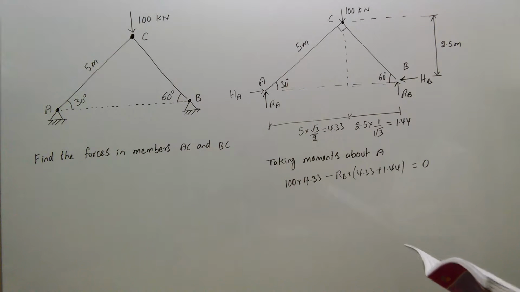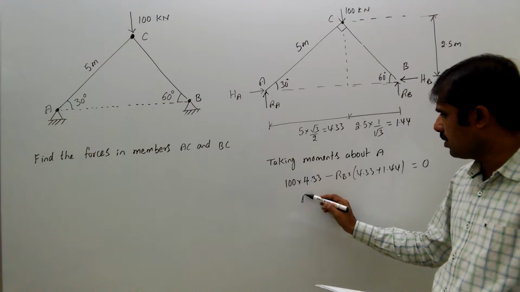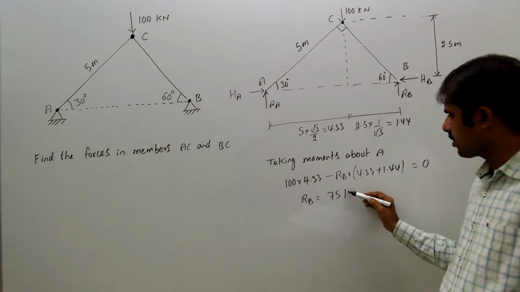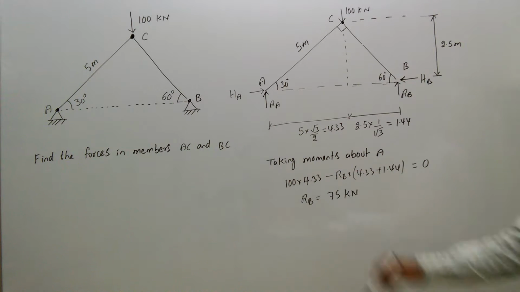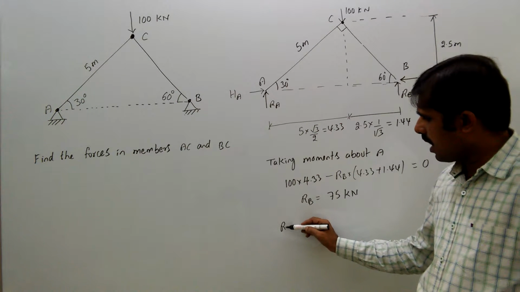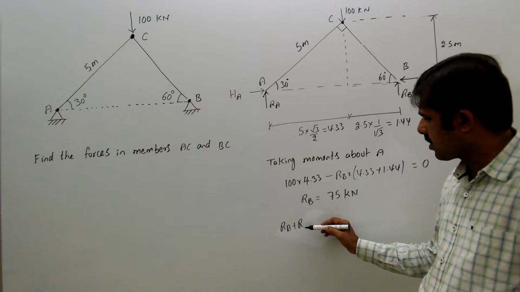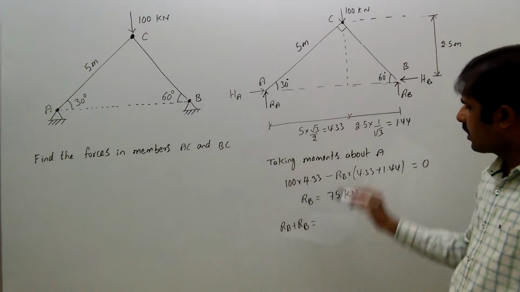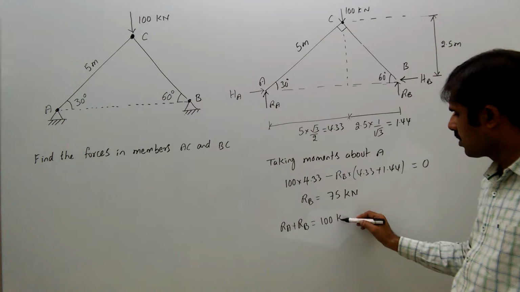So from this equation you can get RB equal to 75 kilonewtons. Then one more equation we have: RA plus RB, sum of the vertical forces equal to 0. That means RA plus RB equal to 100 kilonewtons.